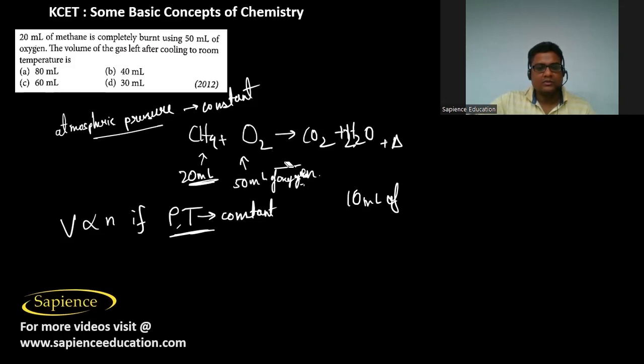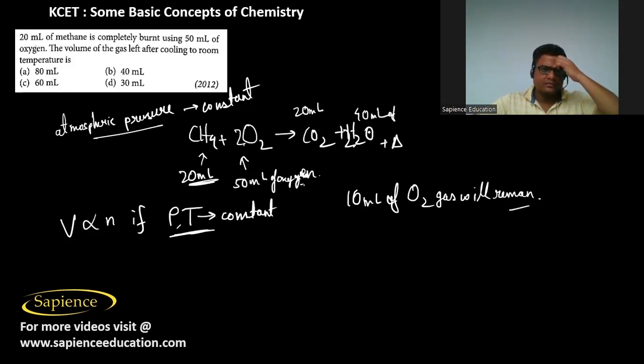CH4 plus O2 gives CO2 plus 2H2O; the 2 is there only. So 10 ml of oxygen gas will remain, and 20 ml of CO2 will be formed, and 40 ml of H2O will be formed.